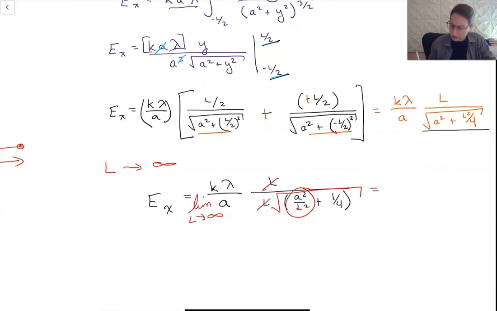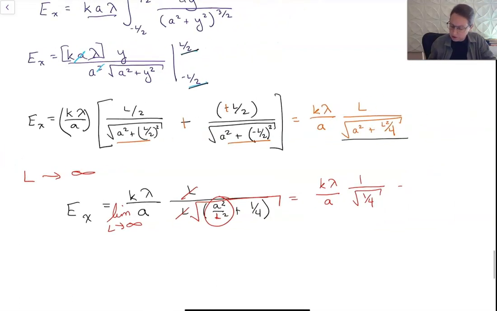And so this becomes k lambda over a times 1 over the square root of 1/4. And so that just becomes, the square root of 1/4 would just be a 1/2. I get k lambda over a times a 1/2. So that becomes then 2k lambda over a. And so that's the electric field if I have an infinitely long wire.